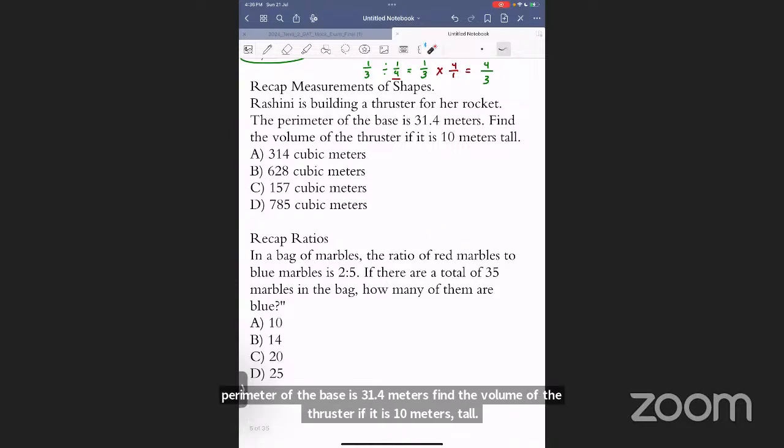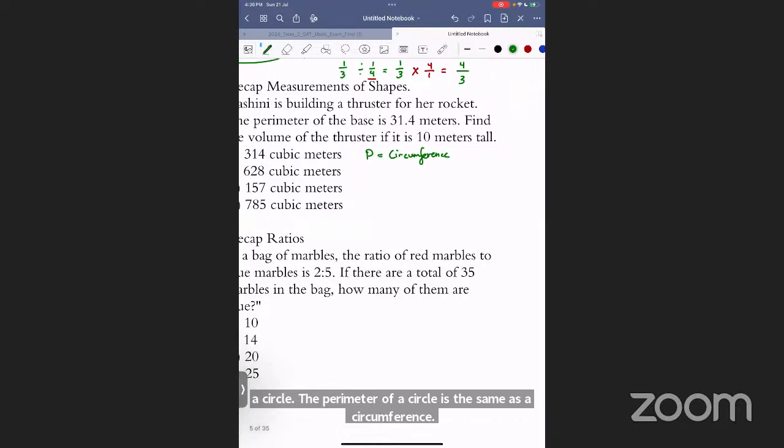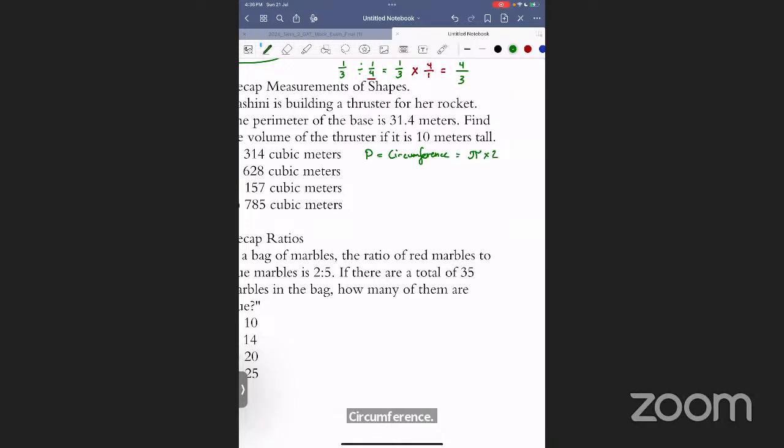So let's see. A few things to remember. In a circle, the perimeter of a circle is the same as the circumference, which is pi times 2 times r.